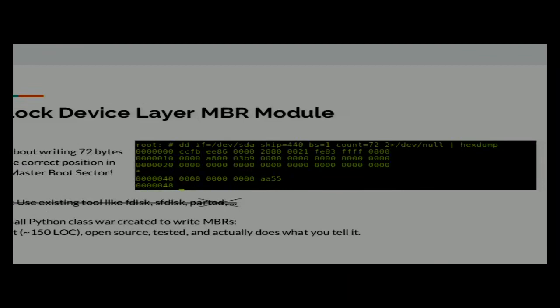Then there was a time where it comes to writing this MBR, this master boot record. These are 72 bytes, which has to be at the correct position. So I did a DD there, and most of them are also zeros. And of course, the typical way is look at the internet, grab something which is available and use it.